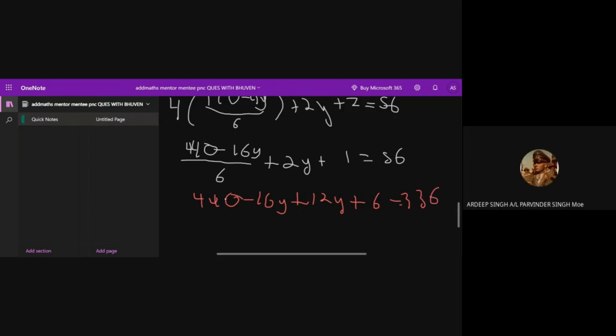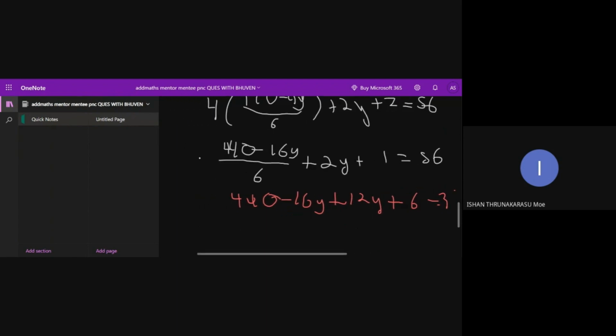Now, how did we get the 440? What I did is I times 6 on all of it. I times 440 minus 16y over 6 by 6, because once you times with 6, the bottom one will cancel out. How did you get the 440 from the top, 4 bracket 110 minus 4y over 6?